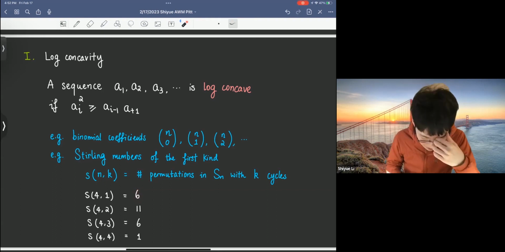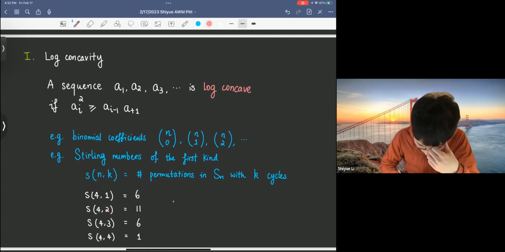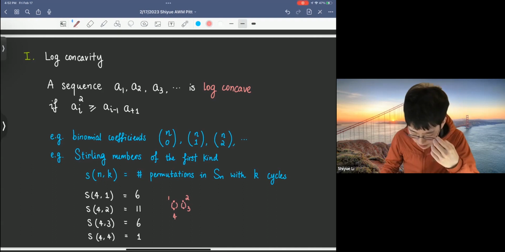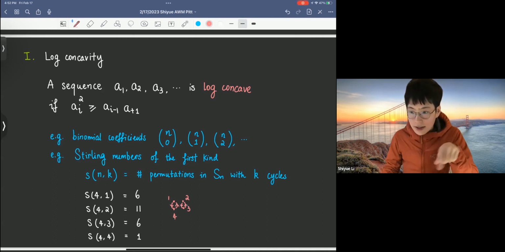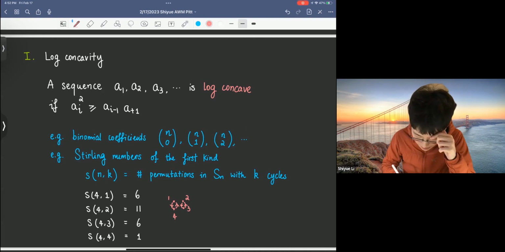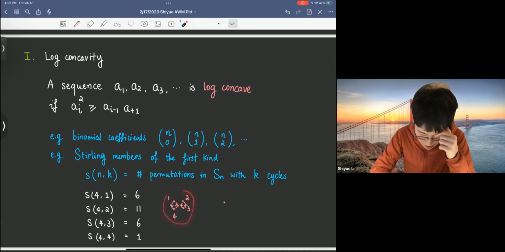elements. You do the similar thing and count the number of permutations in S4 with exactly 2 cycles. Look at these 4 elements, and think about how can I form 2 cycles? You can let 1 be sent to 4 and 2 be sent to 3, and form 2 loops. This is one type of loop, and you sit down and count how many there are, and there are 3 kinds of this kind of loop.